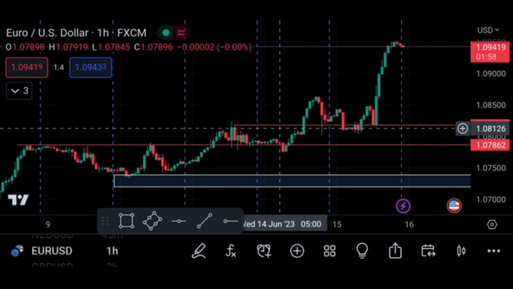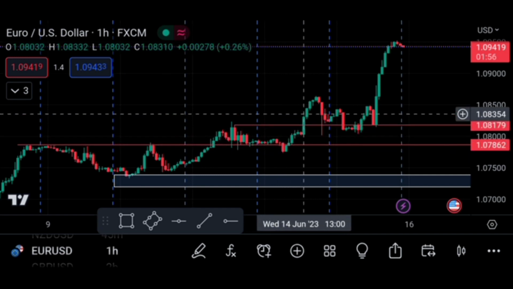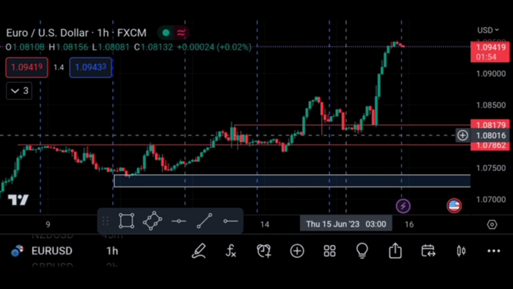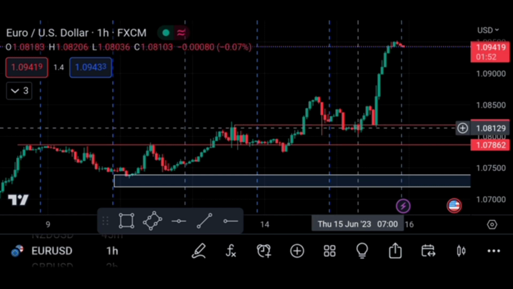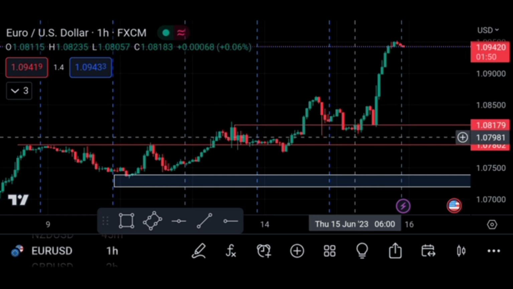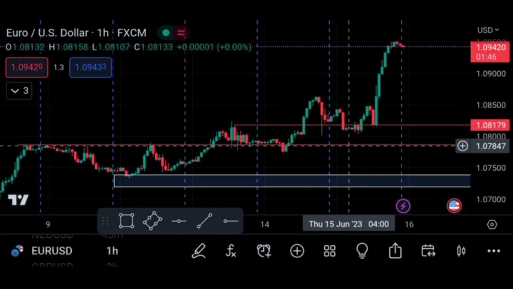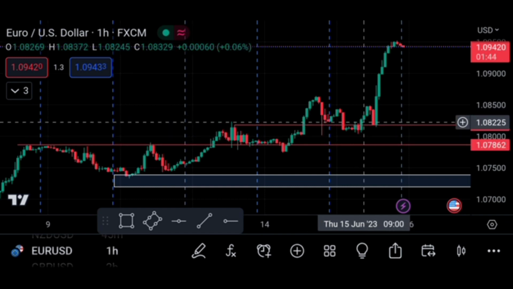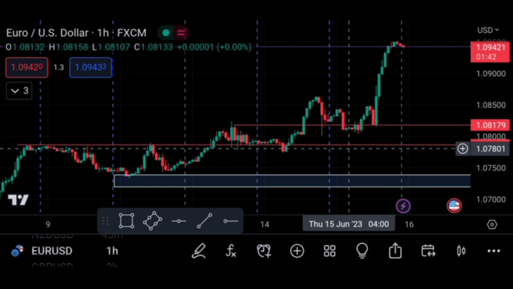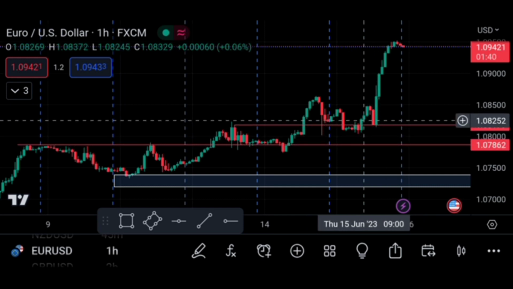It broke this zone and then came back again to retest the zone and formed an engulfing pattern. As the market closed an engulfing pattern, you can just enter. Once this engulfing candle closes, we can enter here.